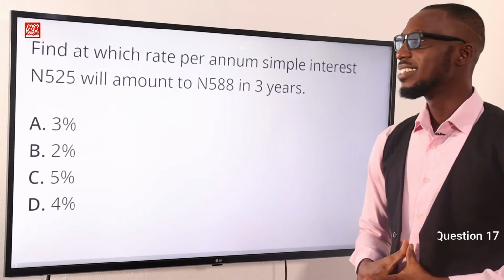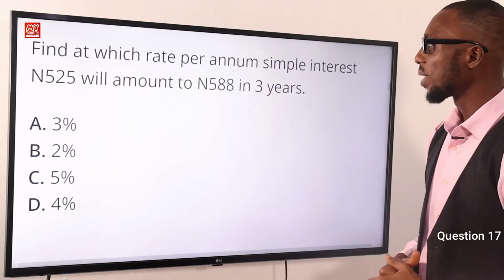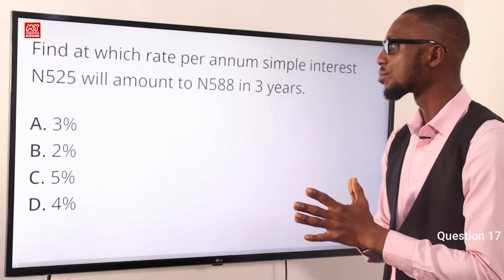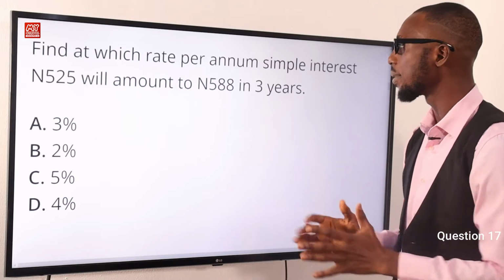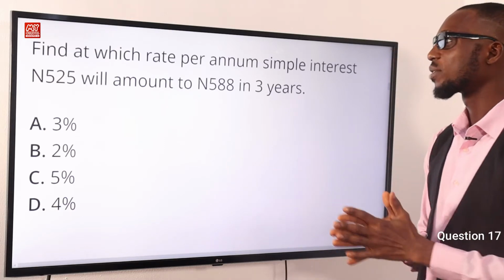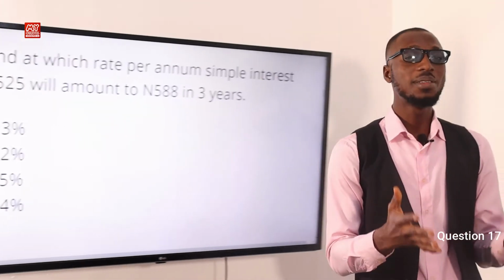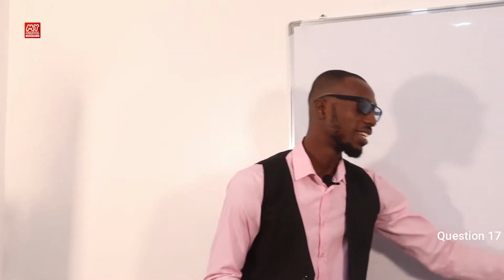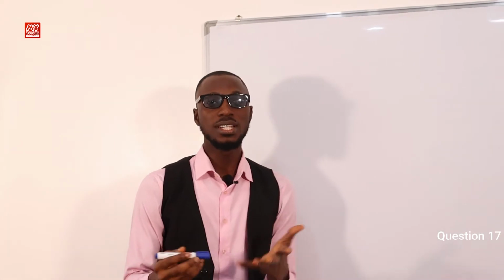Number 17. Find at which rate per annum the simple interest of 525 will amount to 588 in 3 years. So we are asked to find the rate. Remember that simple interest I equals PRT over 100, and we are to work out what the simple interest is.